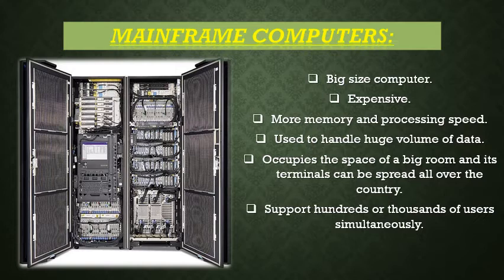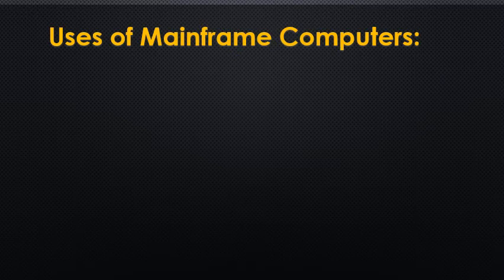But if we talk about mainframe computers, they can support hundreds and thousands of users simultaneously because their terminals are spread all over the country. They are more powerful. We have learned the general features of mainframe computers so far.